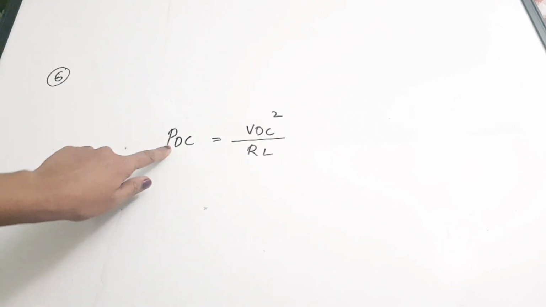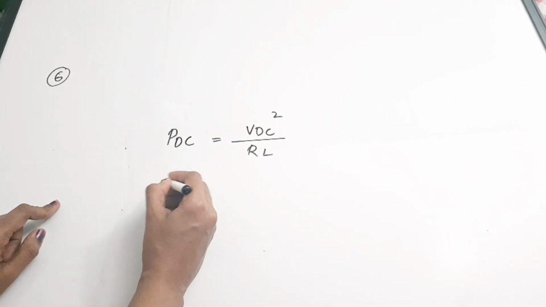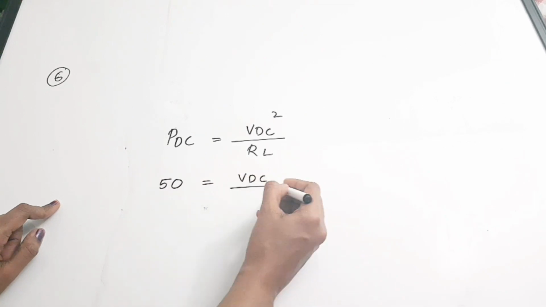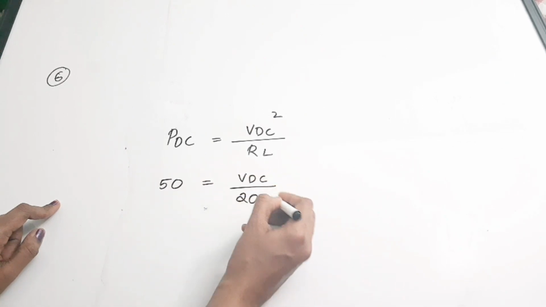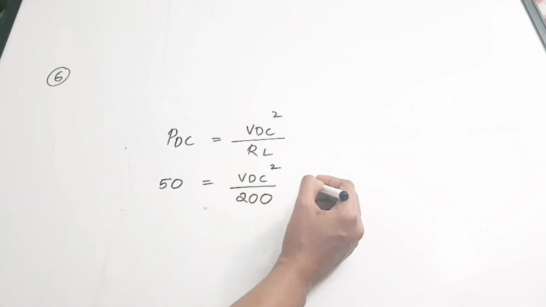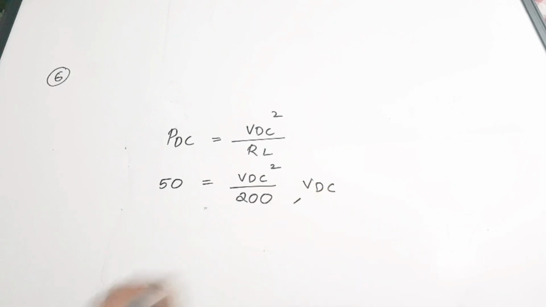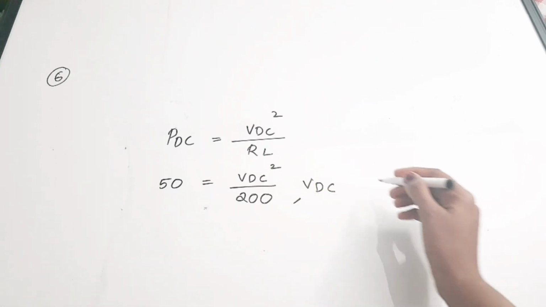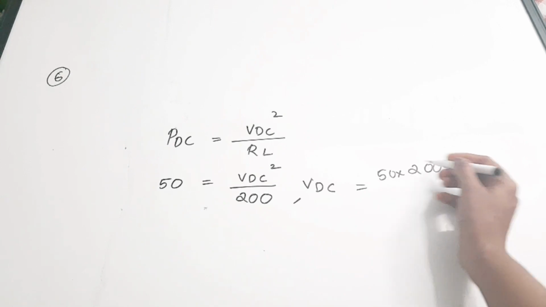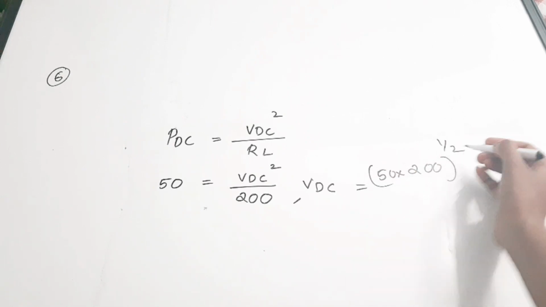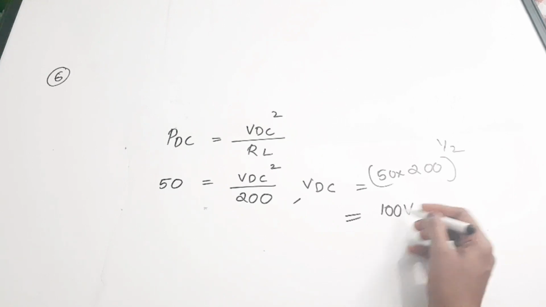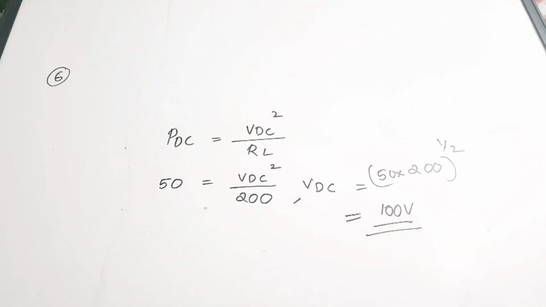Here PDC is given, it is 50 watt, equal to VDC squared by 200 ohms. From this, how will you calculate VDC? VDC is equal to (50 into 200) whole raised to 1 by 2. That is 100 volt. So the VDC is 100 volt.